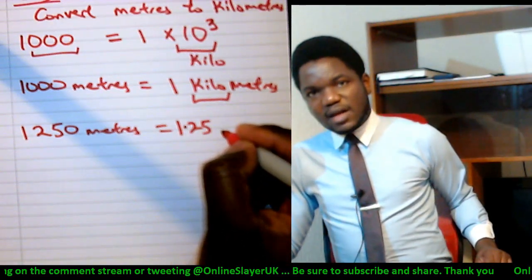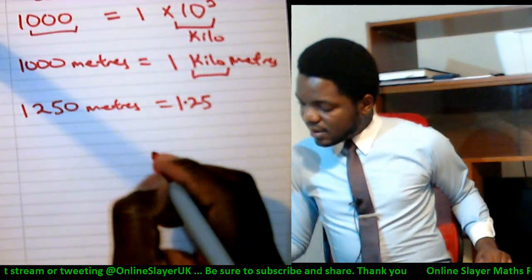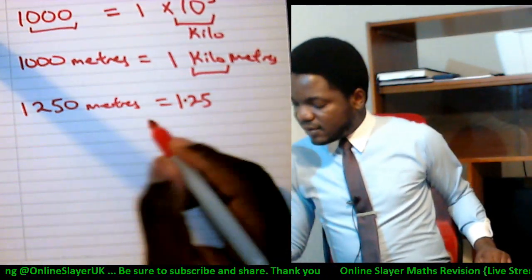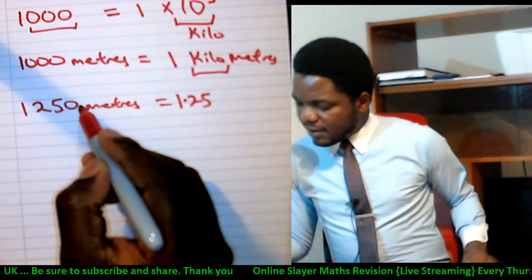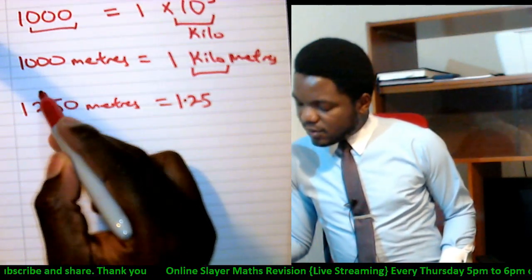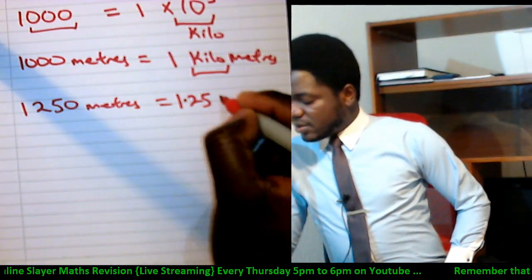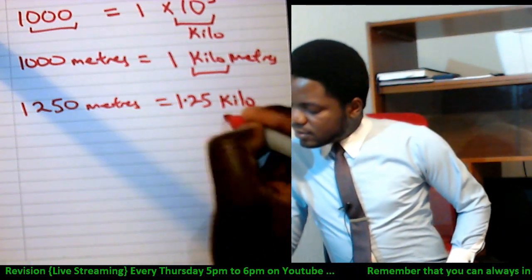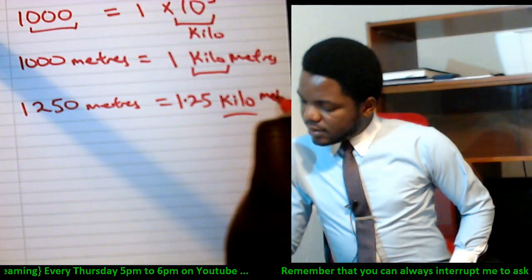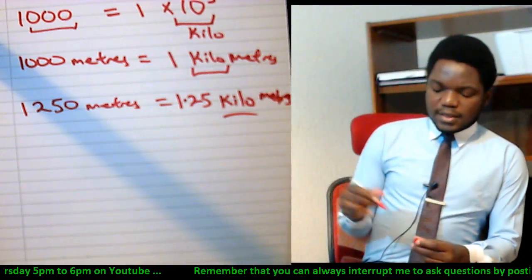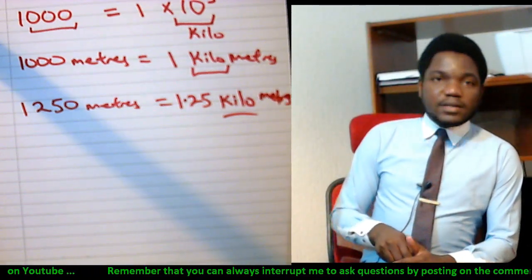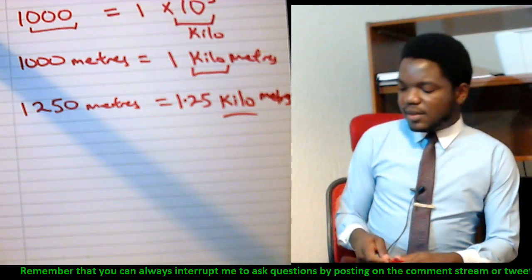Then you ask yourself, how many zeros do I have there? How many tens do I have? Well, you've moved the decimal point from this place 1, 2, 3. So that should have been times 10 raised to power 3, but we're just going to call it kilometers. And that's how we convert units. And that way we can have several types of units really.